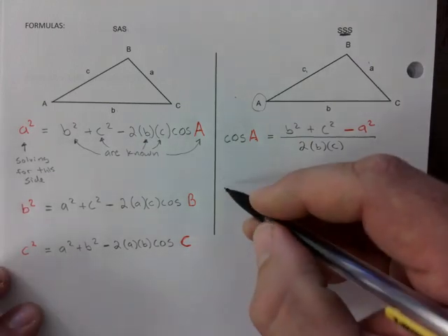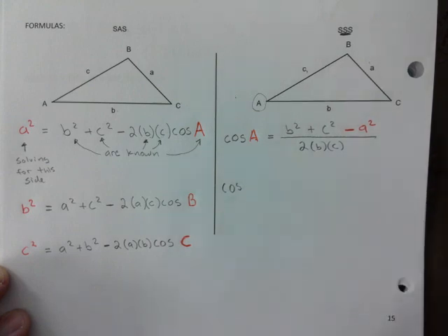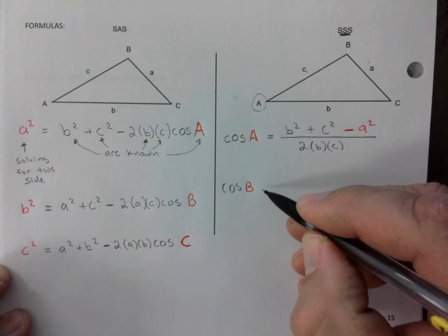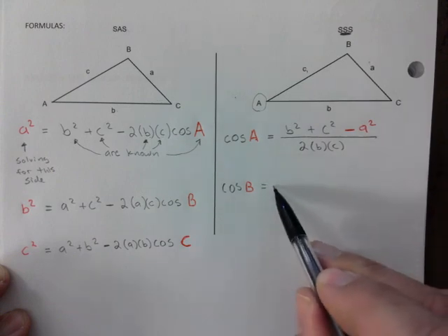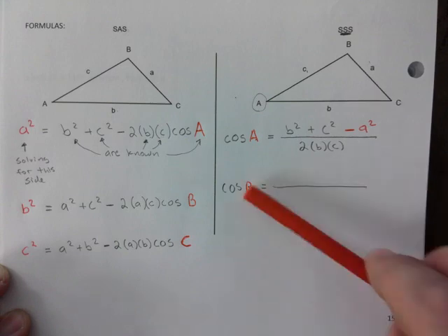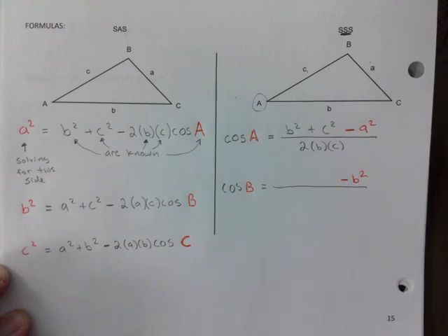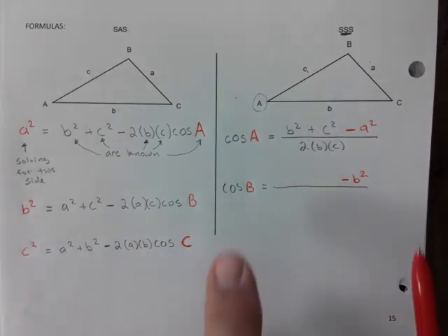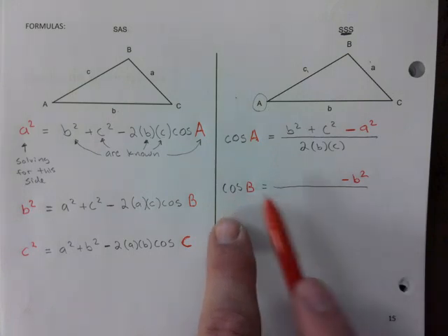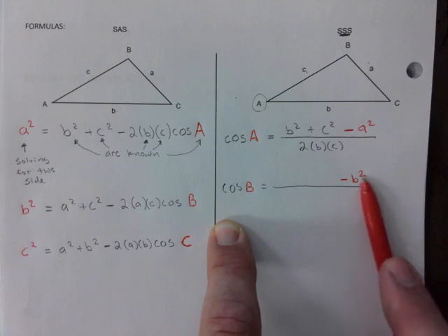Let's do one more, let's do all the variations. So cosine of what? Let's try to find angle B here. Long line. The first entry is going to be minus b squared. So you should always be like, oh, what angle am I finding? Well, it's the one that's across this last number, right?